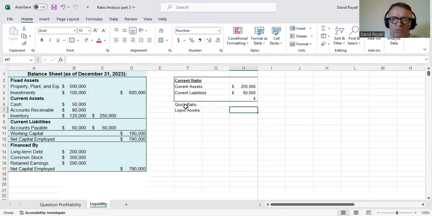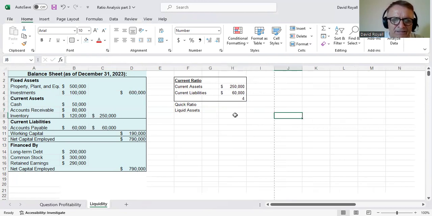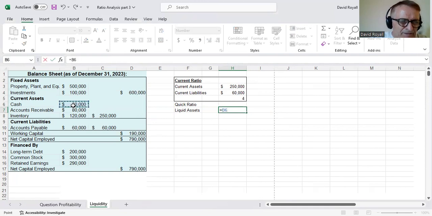And this may require a little bit of delving into the business a little bit more. How fast can we turn this stuff here into cash? Well, let's take the cash itself. That's the obvious one. And I'm going to take all of the accounts receivable.